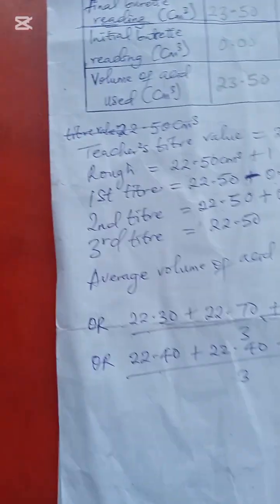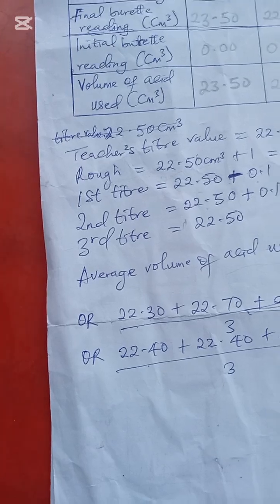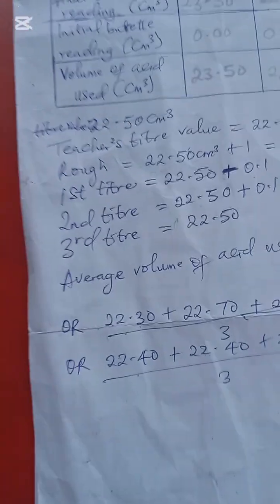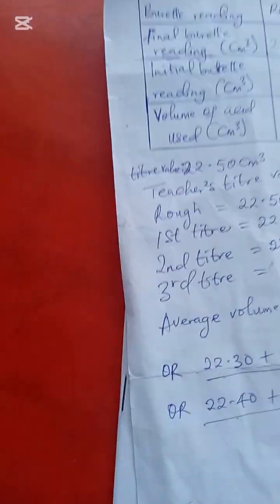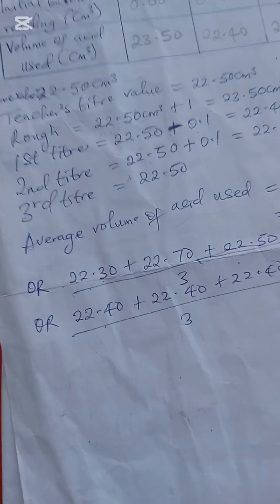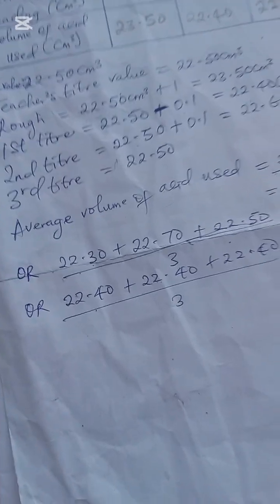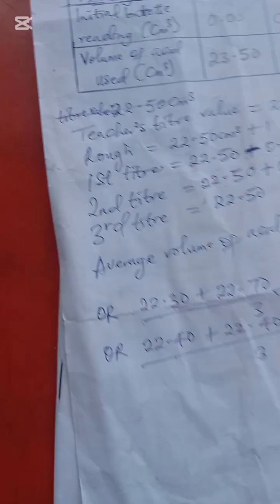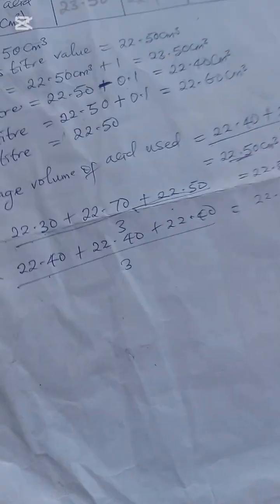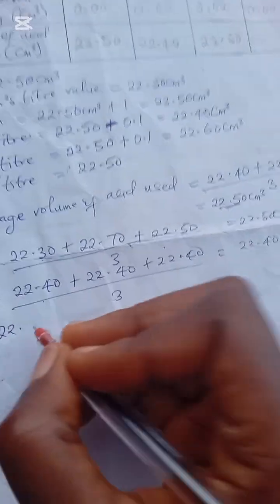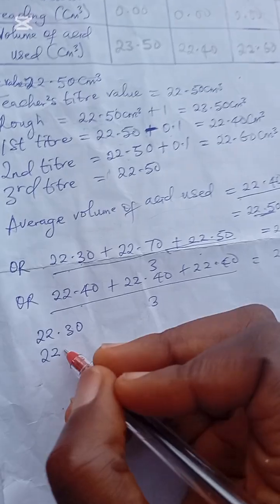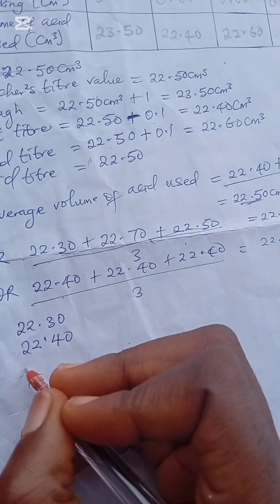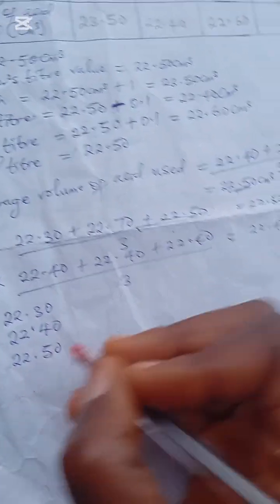But in conclusion, WAEC marks are based on what your teacher gave them, following our sample titer value. The concordant values that WAEC will be considering, let's say this is the titer value given to you by your teacher, will now be 22.30, 22.40, 22.50.